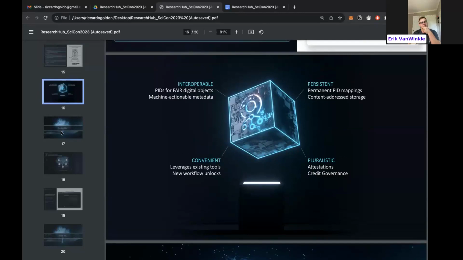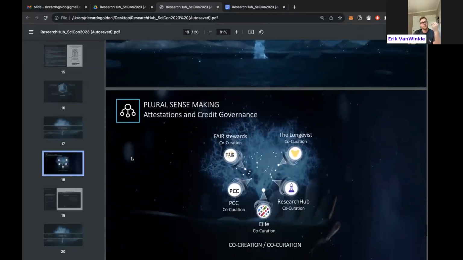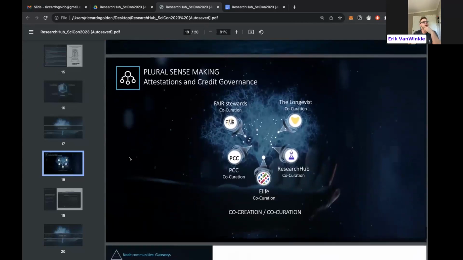So for slide 17, the last thing that I want to talk about as a part of this presentation is credentials, because that's one of the things that's immediately coming up on our roadmap. So we take the stance within Web3 that pluralism is a very interesting way to go about identifying individuals.